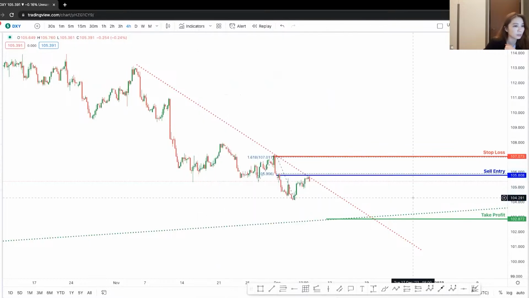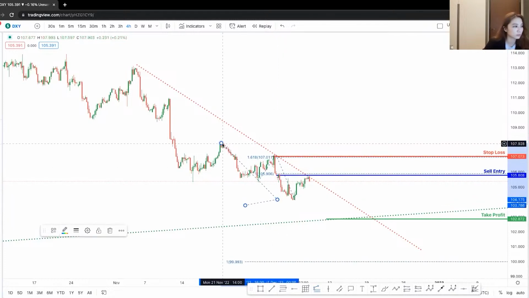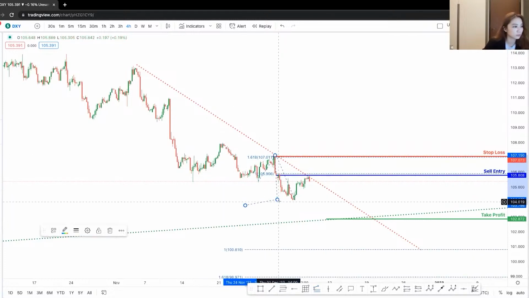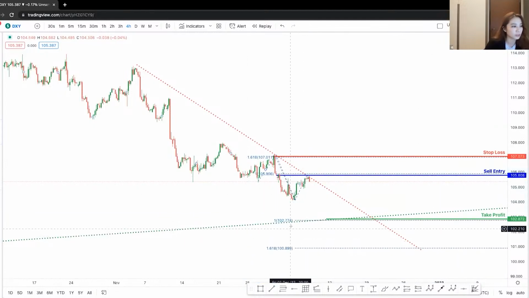Looking at 161.8 for stop loss. 100% for the take profit as well.